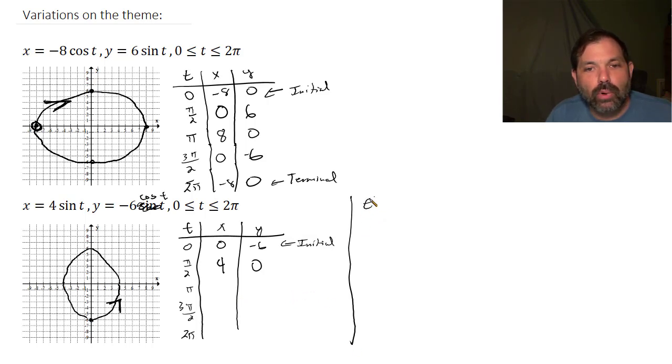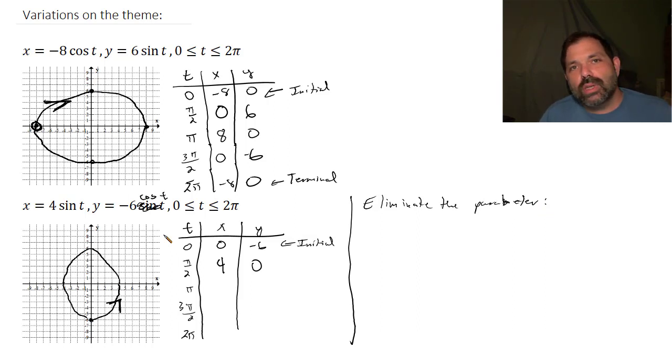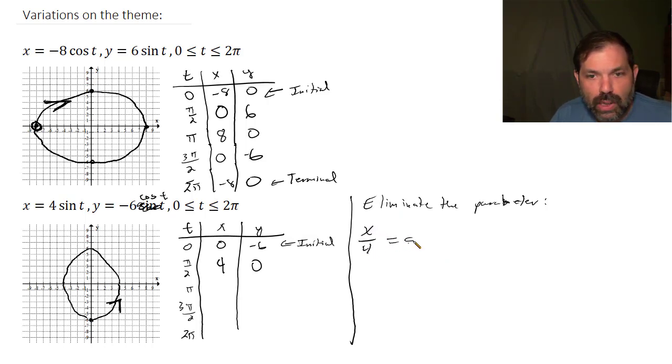I want you to eliminate the parameter on that example. Alright, so eliminate the parameter. Using what we learned in a previous slide, I can use the Pythagorean identity. Let's rewrite this as x over 4 equals sine t, and y over negative 6 is cosine t.